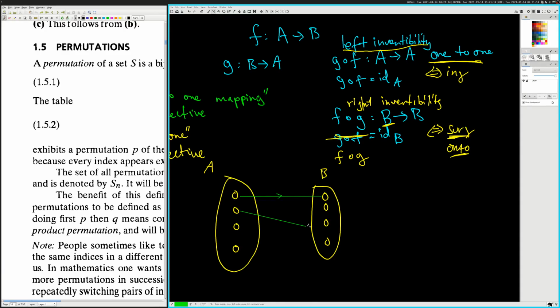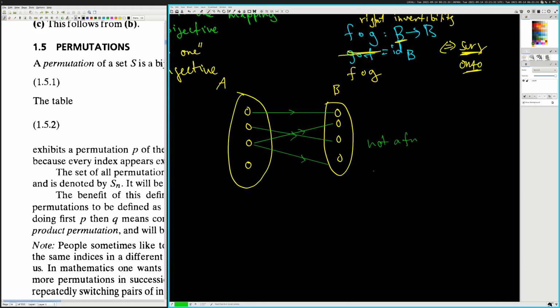So as long as it's allowed to cross wires and stuff, here maybe is an even better illustration. This is not a function. Okay. For two reasons.